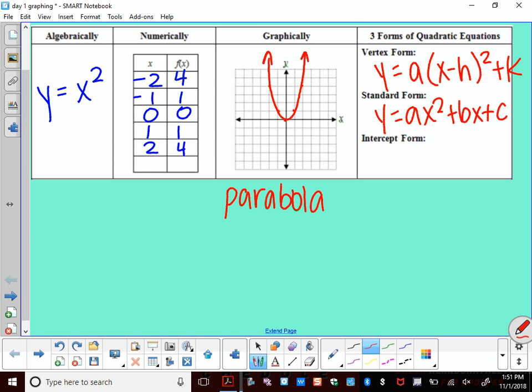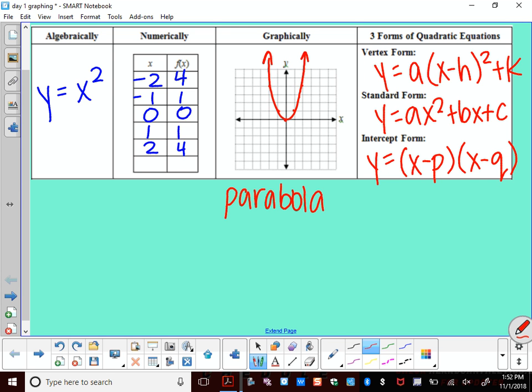It's just putting things in order from your highest exponent down to your number. In intercept form, this is y equals (x minus p)(x minus q). I don't know why they picked those letters, but they did. Some mathematician.